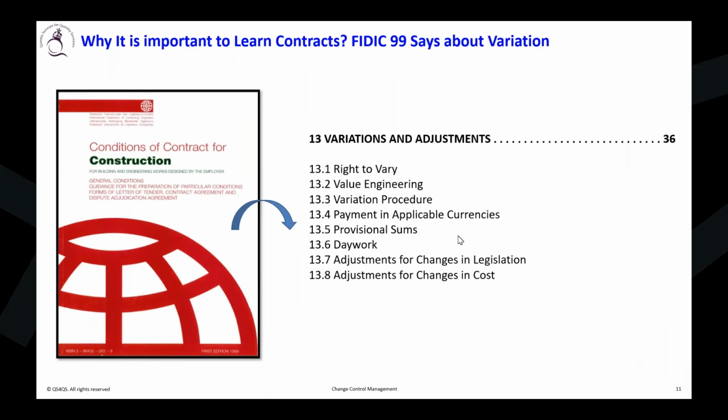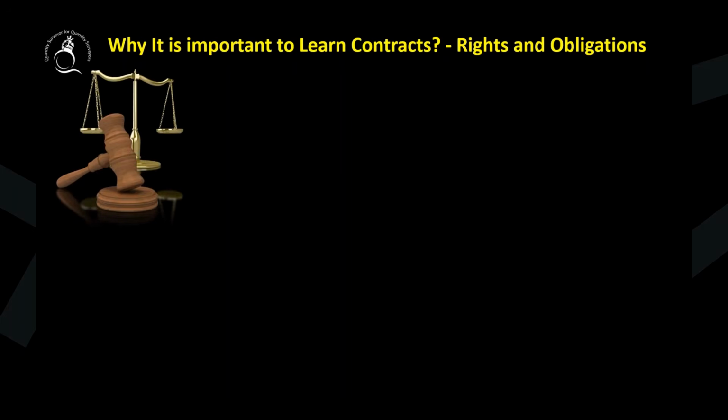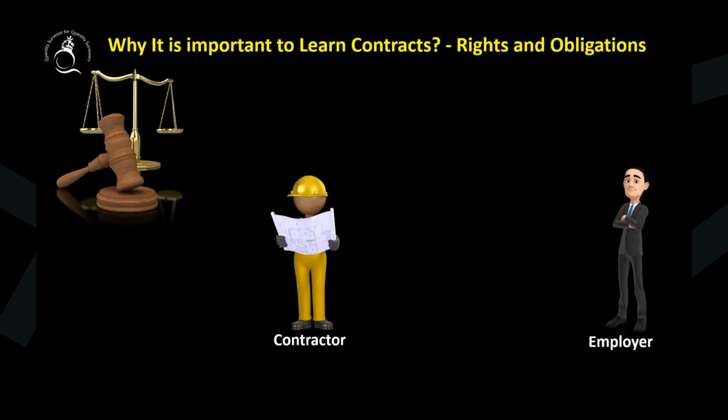Now, why do you need to learn the contract? Why is it very important? Because the very important point is rights and obligations. Now, what are rights and obligations? For example, in a construction contract, we have the employer and the contractor. These are the two main parties in the contract.